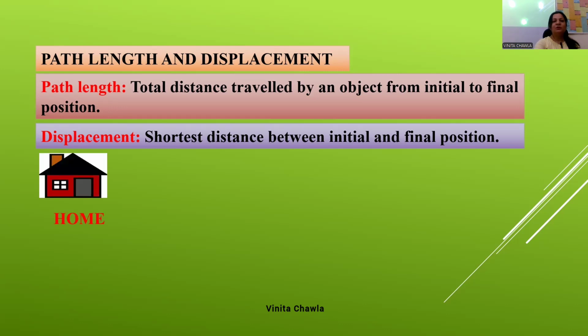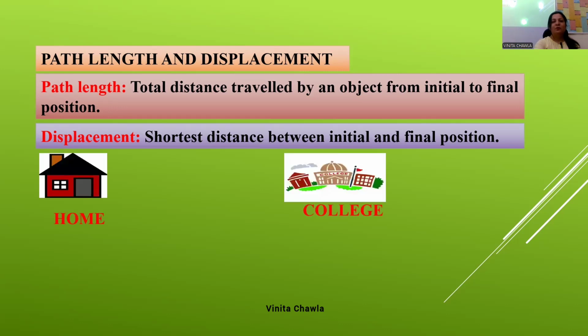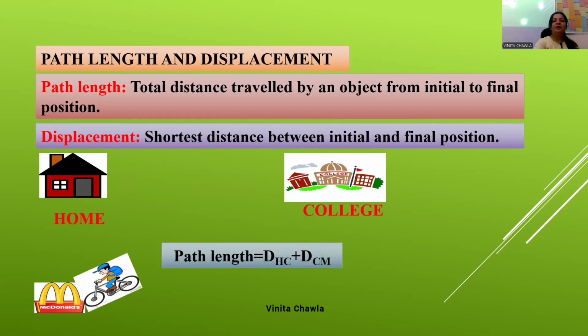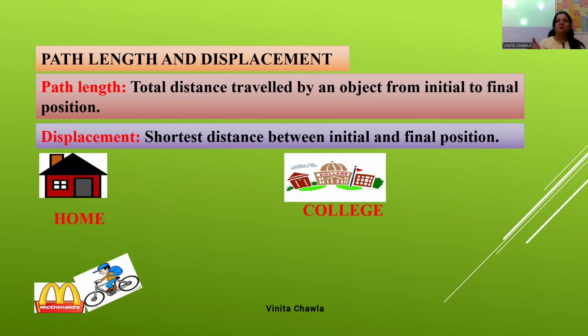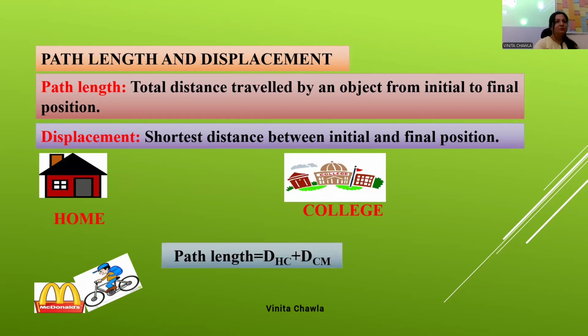Suppose let's consider a situation where we have 3 different locations, home, college, and McDonald's, and you travel from home to college and then you go to McD. Okay, so what is the distance covered by the object? You will simply add the distance between home and college and McD, and you'll get the path length.